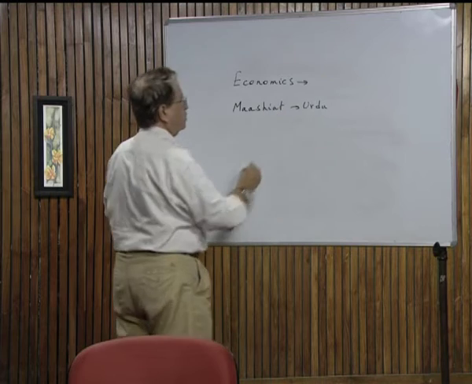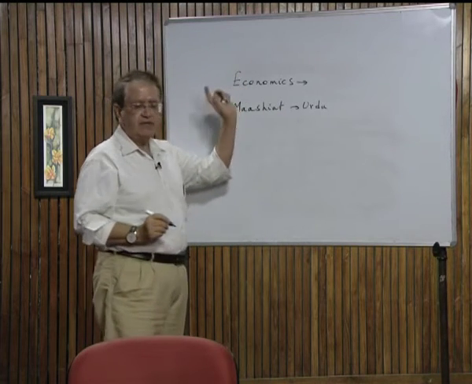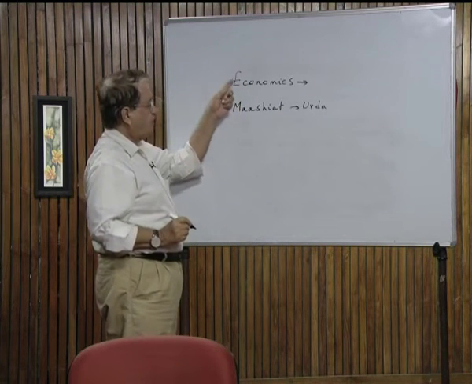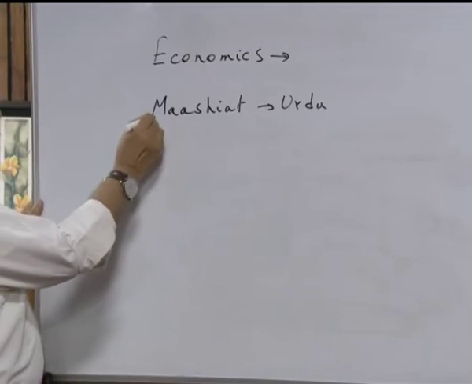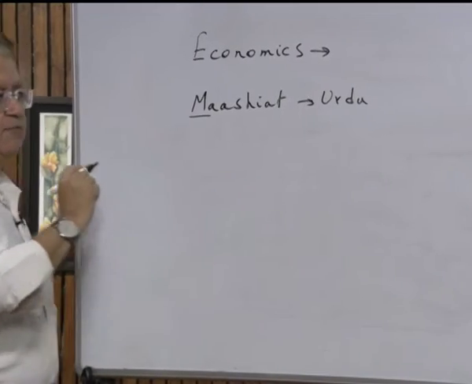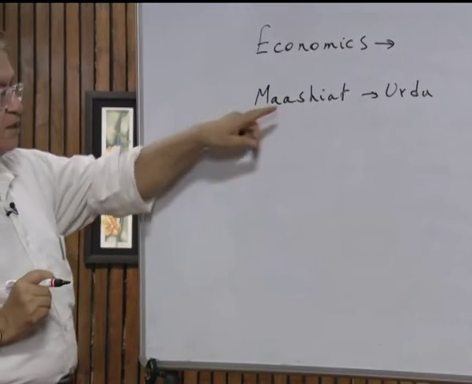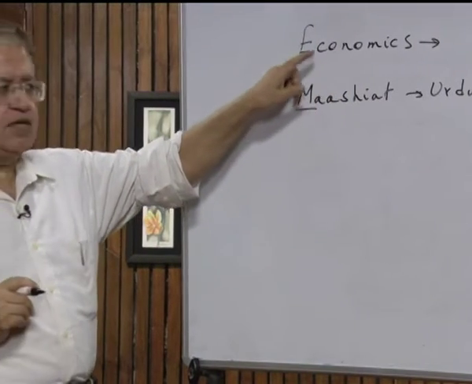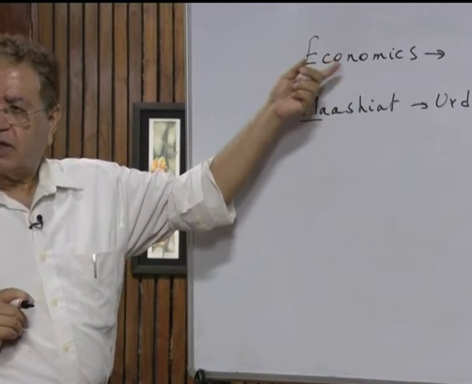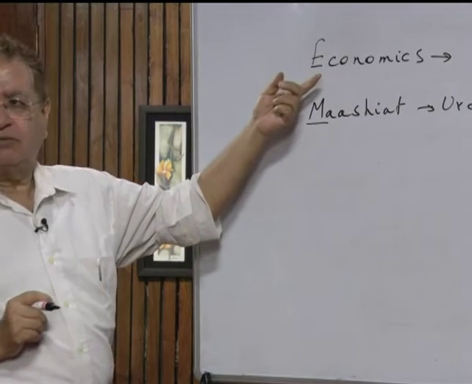So, books on economics, if they are arranged alphabetically, will go to E in the English language and will go to what we call meme or M in the Urdu language. That means that this arrangement that we have of Urdu books will be different from the arrangement that we will have for English books. Now, this is a major problem.